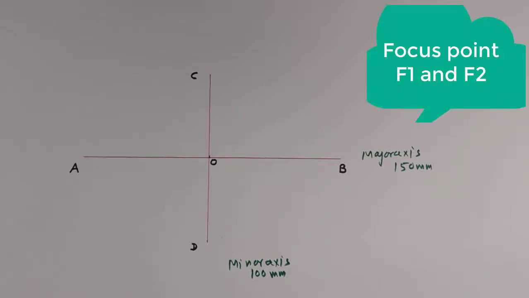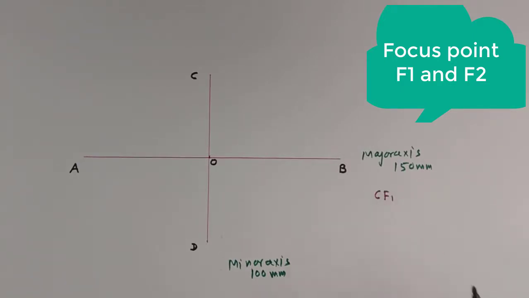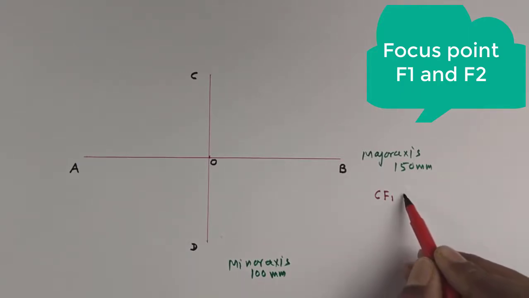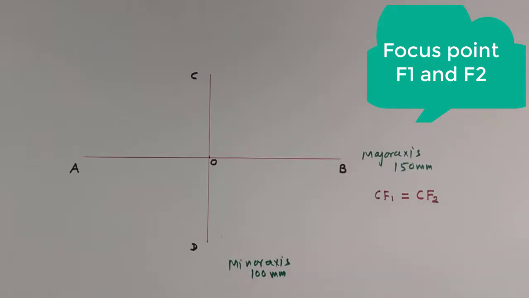Now we go to find our focus point F1 and F2. With CF1, distance of focus point from C is equal to distance of another focus point F2, is equal to 1 of major axis, it means AO.